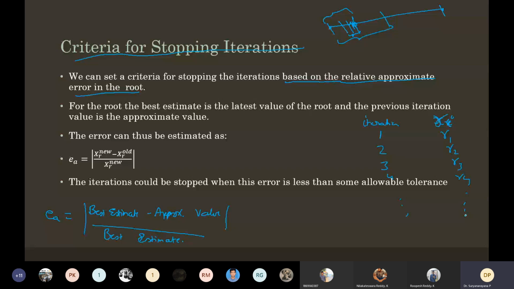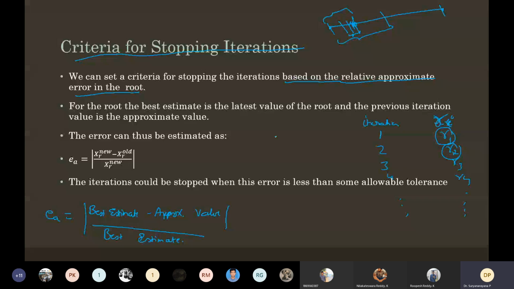Each time, if the method is good, the root is getting closer and closer to the true value. It's improving in accuracy. So at any point, if you want to estimate the error in this one, you can use this as the best estimate, because if the method is converging, this one will be a better approximation of the root than this one.